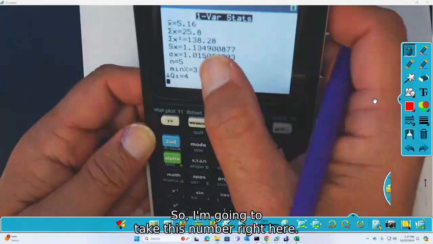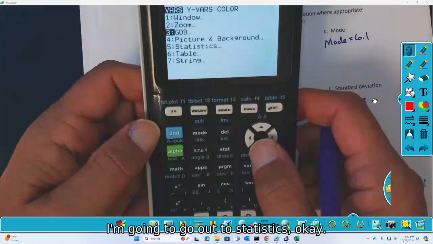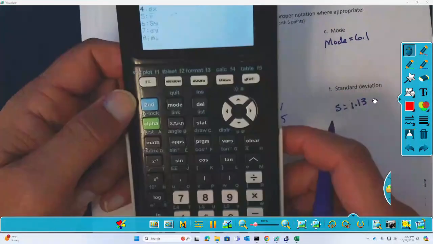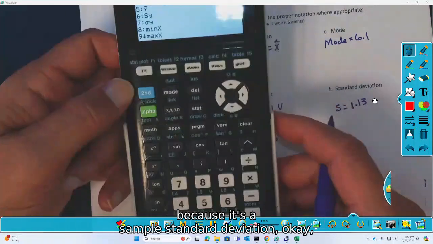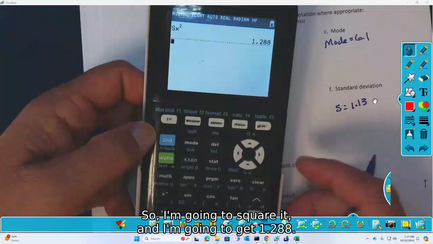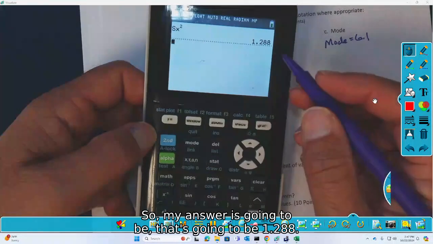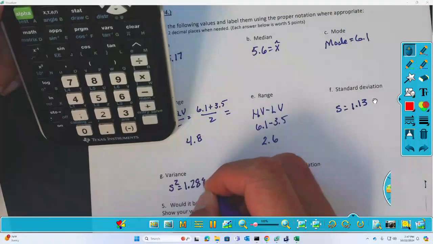So I'm going to take this number right here. I'm going to choose VARS, go out to statistics. I'm going to use the Sx because it's a sample standard deviation. Okay, and then I'm going to square it, and I'm going to get 1.288.